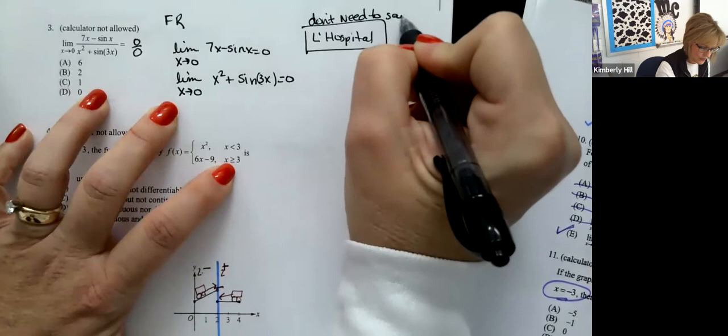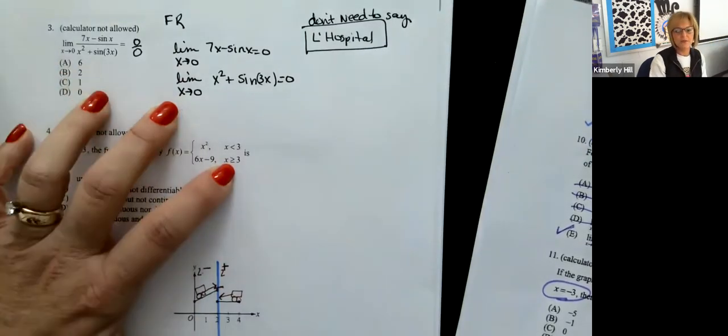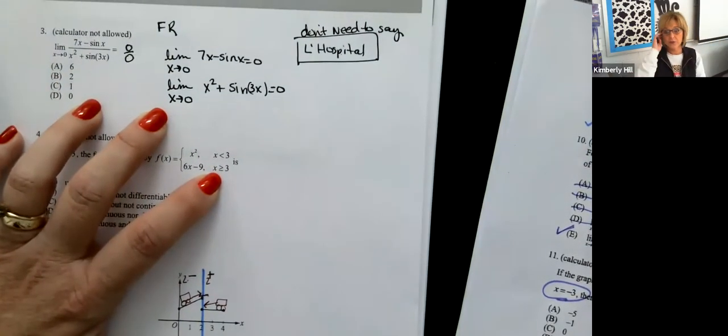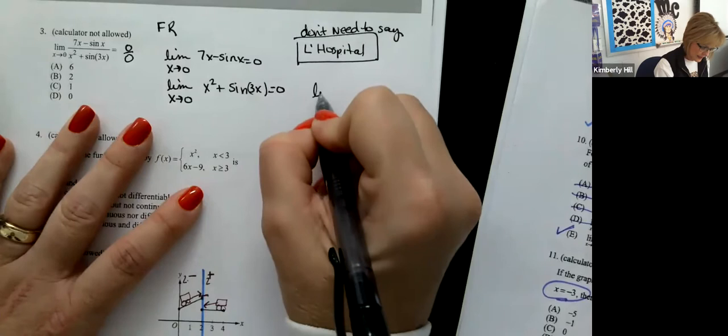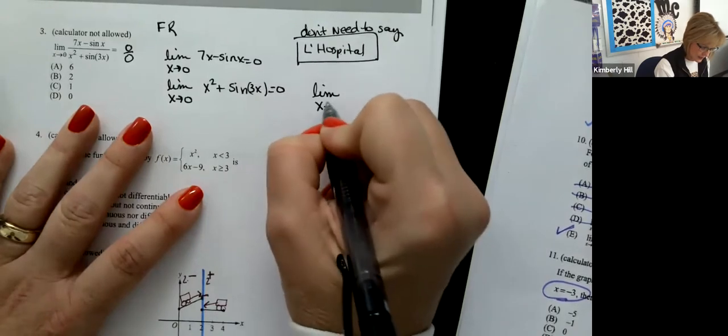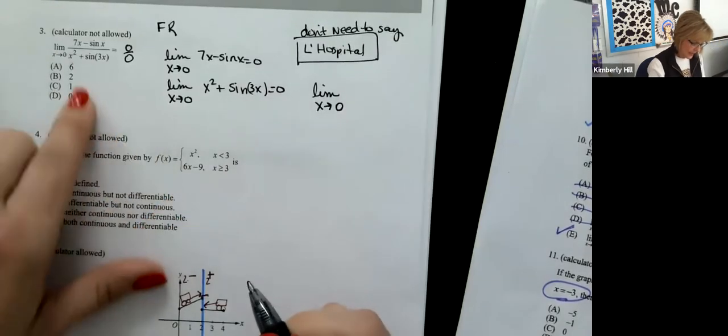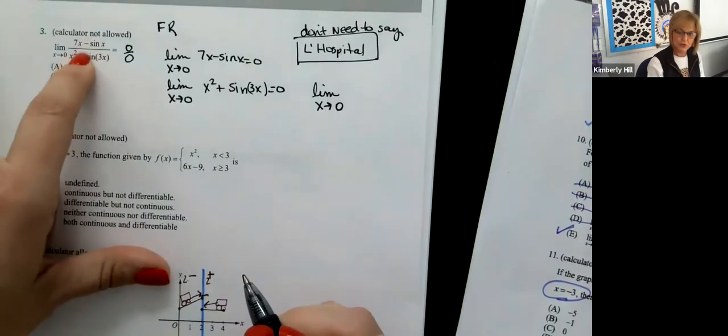Now, again, I know these are multiple choice questions, but I feel like it's important to talk about things for free response as we go. So now you would just go straight into your L'Hopital. You would say the limit as x goes to 0, and now you can actually do L'Hopital's rule.